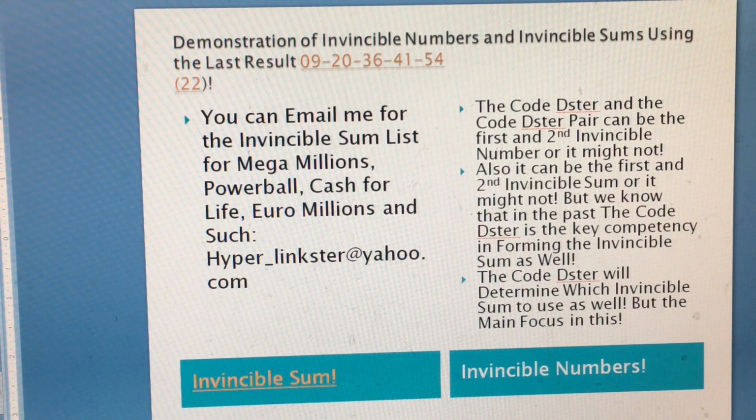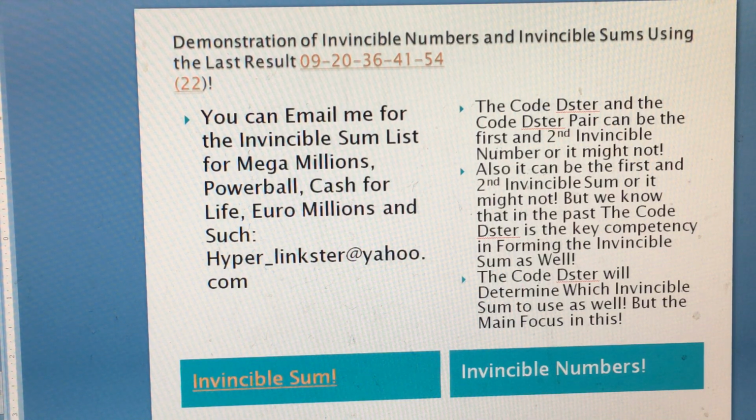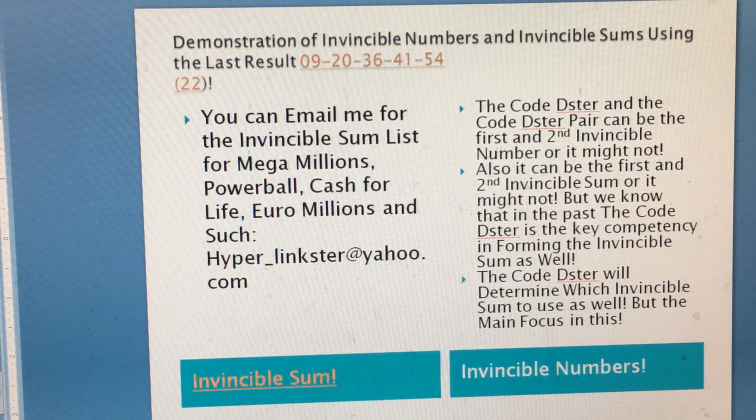Therefore, it can be the first and second invisible sum, or it might not. But we know that in the past, the codester is a key competency in forming the invisible sum as well. The codester will determine which invisible sum to use, but the main focus is the first and second invisible number.